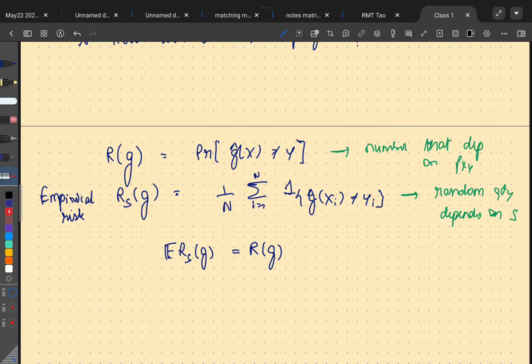So there's hope. Essentially what I want to do is find that G which minimizes RS. If n is large, this should be close to R, and therefore whatever minimizes RS should hopefully also minimize R.